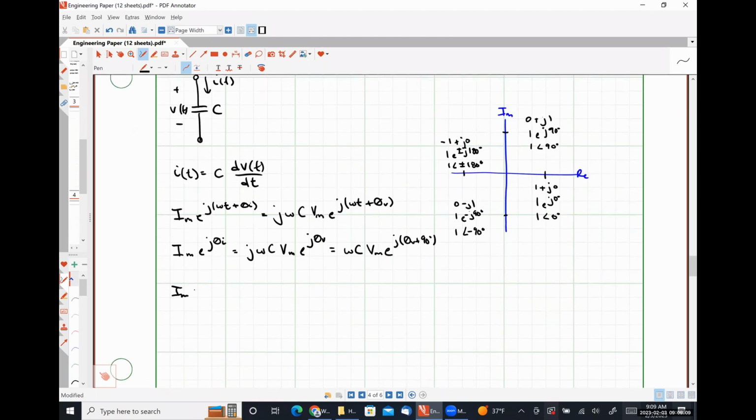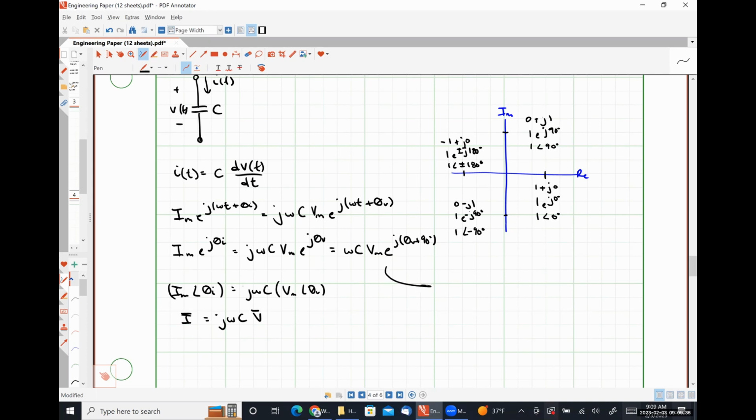So we have Im angle theta I equal to j omega C times Vm angle theta v, or phasor current I is equal to j omega C times phasor voltage V. So that's our general relationship for current and voltage in a capacitor.